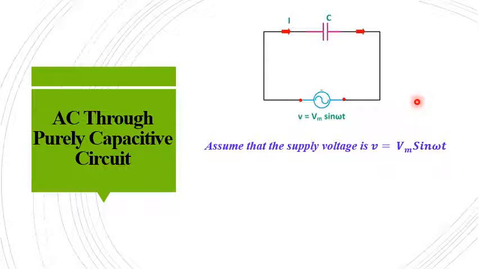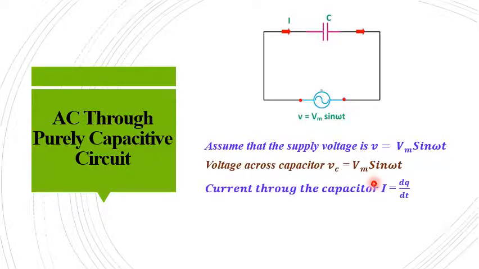So our aim is to find the current through the capacitor. Here also the voltage across the capacitor Vc will be your supply voltage, that is Vm sin omega t.